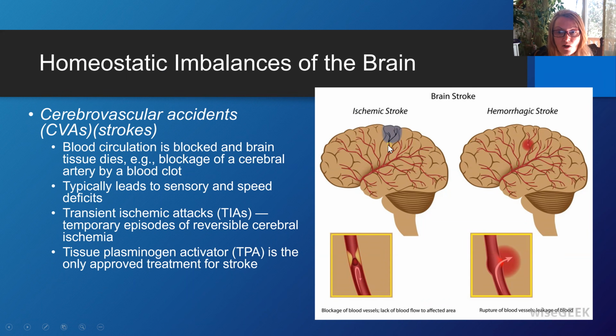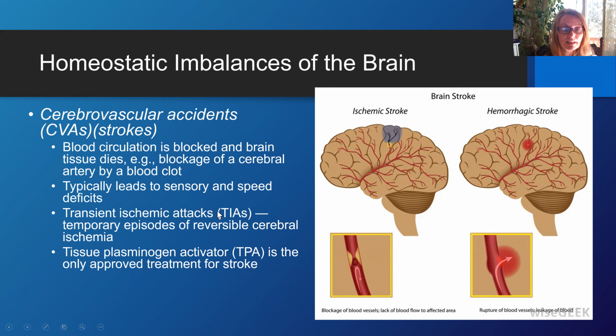So here we have a blockage. Ischemic means no oxygen and the tissue dies, or we can have a hemorrhagic stroke when we have bleeding within the brain and brain tissue dies as well. So it typically leads to sensory and speech deficits.